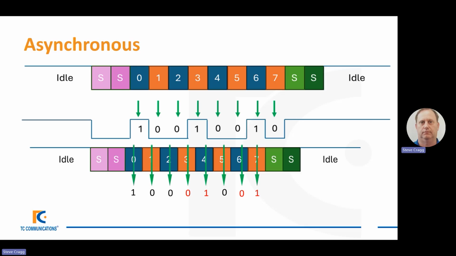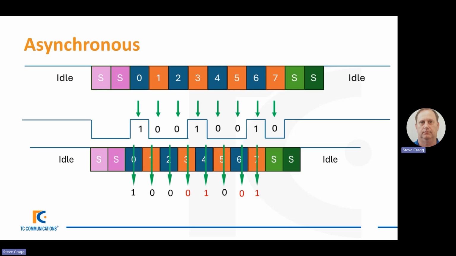So you can see because the data was sent too slowly and was then sampled at the correct rate, or vice versa, the data was sent at the right rate and was sampled too quickly, there's a slippage between these two, and that means that there are errors on the data.